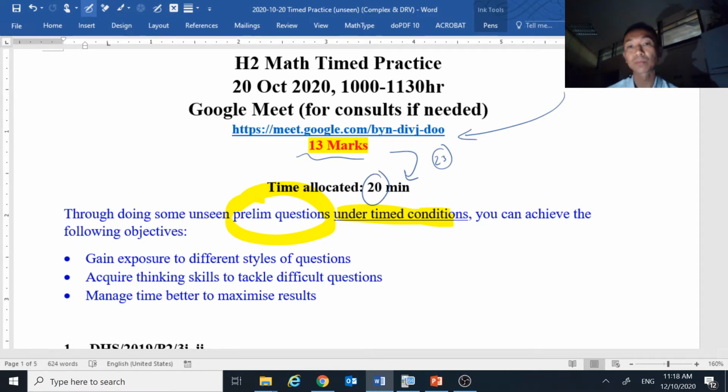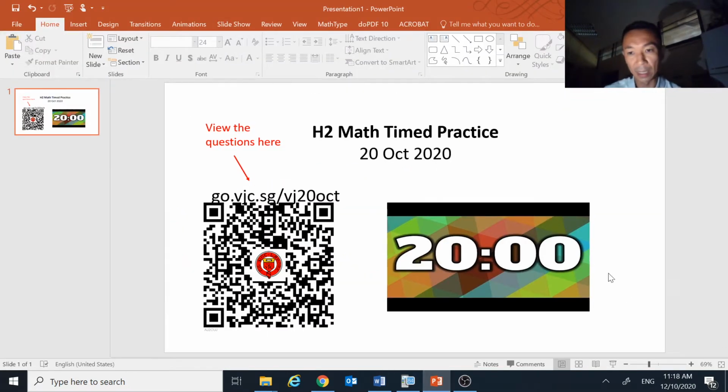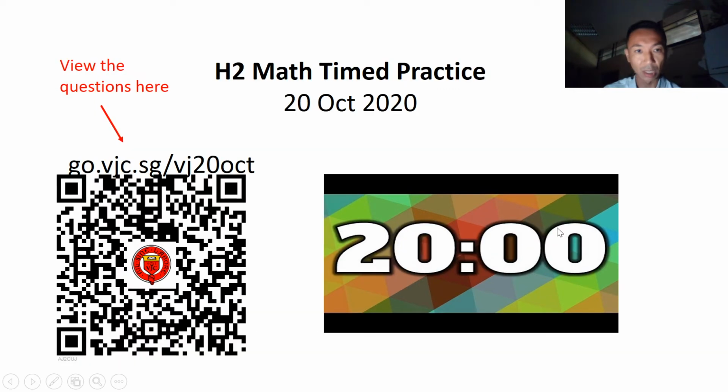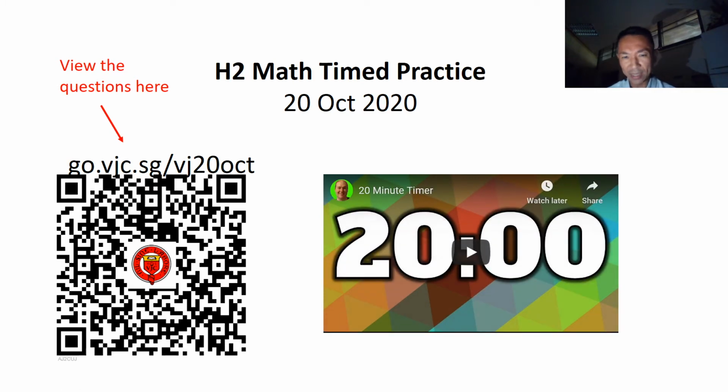So without further ado, I will show you this one now. What is going to happen later on is this. I will start the timer. Then you will scan the question, or you can type it in your browser as well. It's available.